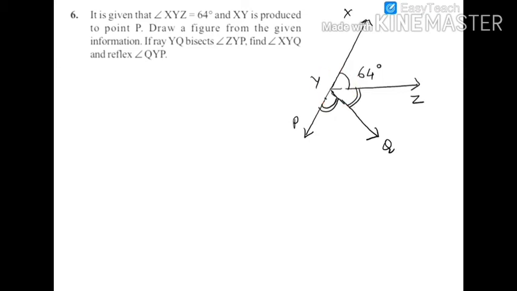Since YQ is an angle bisector of angle PYZ, we can say that angle PYQ is equal to angle QYZ. Let's say they are equal to X. Reason: YQ bisects angle ZYP.